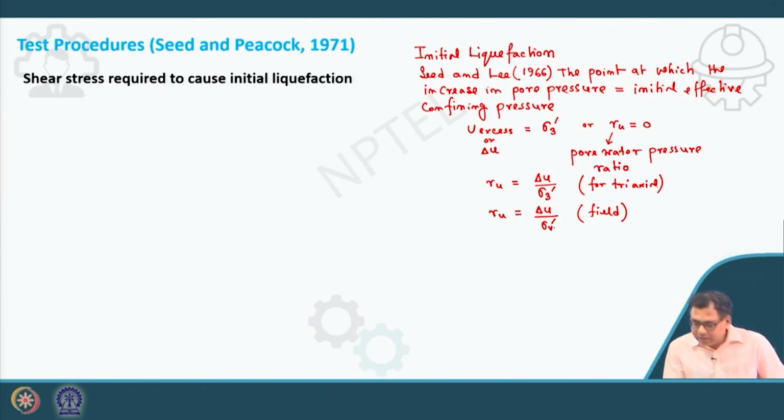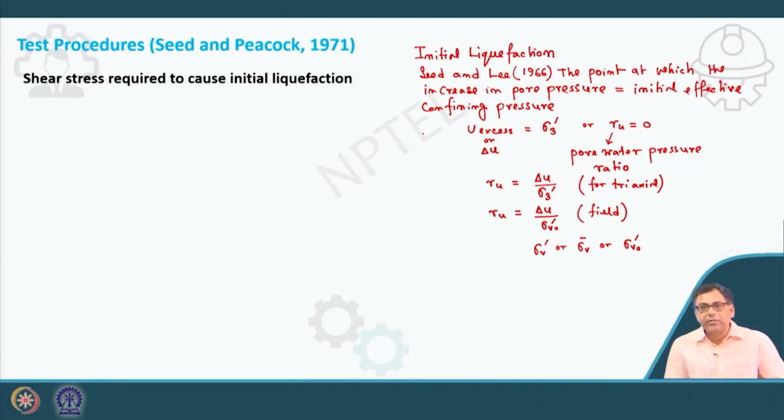Okay, so that you can write 0 also. So, 0 means the initial. That means here this can be written sigma V dash or sigma V bar or sigma V 0 bar. 0 indicates the initial condition, that means initial effective confining pressure.